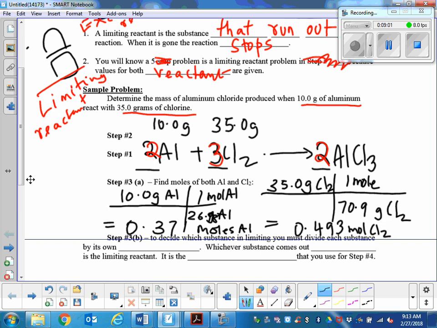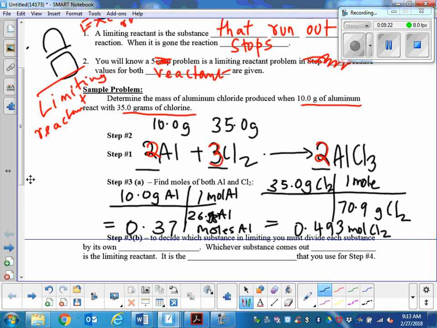Because they react in the ratio 2 to 3, I yet cannot conclude which is my limiting reactant. The ratio is not 1 to 1. If the ratio had been 1 to 1, this is the lesser amount, and I can conclude that 0.37 moles is the limiting reactant. Does that make sense?